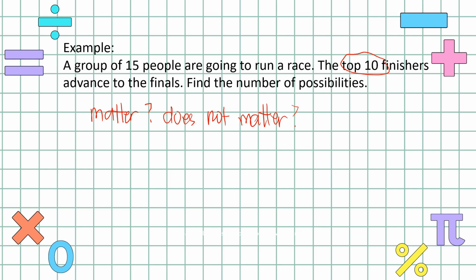That's it. That's final. Then that means the order does not matter. Okay? So therefore, this is a combination problem. And if it's a combination problem, what is our n? What is our r? So here we have 15 people involved, so a total of 15, combination of 15 taken 10 at a time.